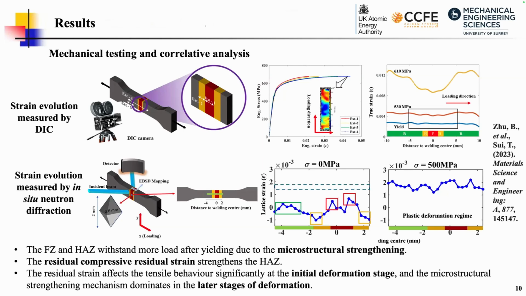At the beginning, we can clearly find the residual stress distribution, but after yielding, the residual stress effect is not that clear. It's already merged into the large deformation caused by the microstructure effect.